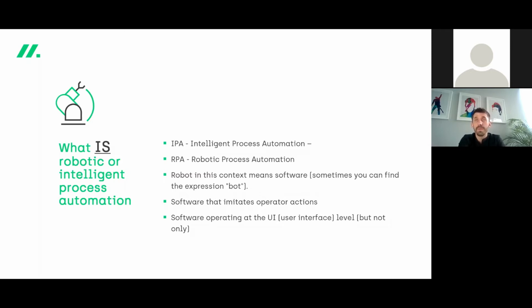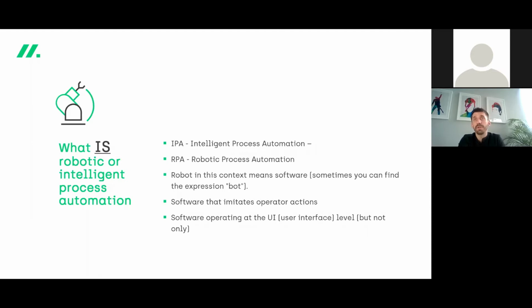There is a difference between intelligent process automation and robotic process automation. Intelligent process automation, in simple words, are the robots with some cognitive features.